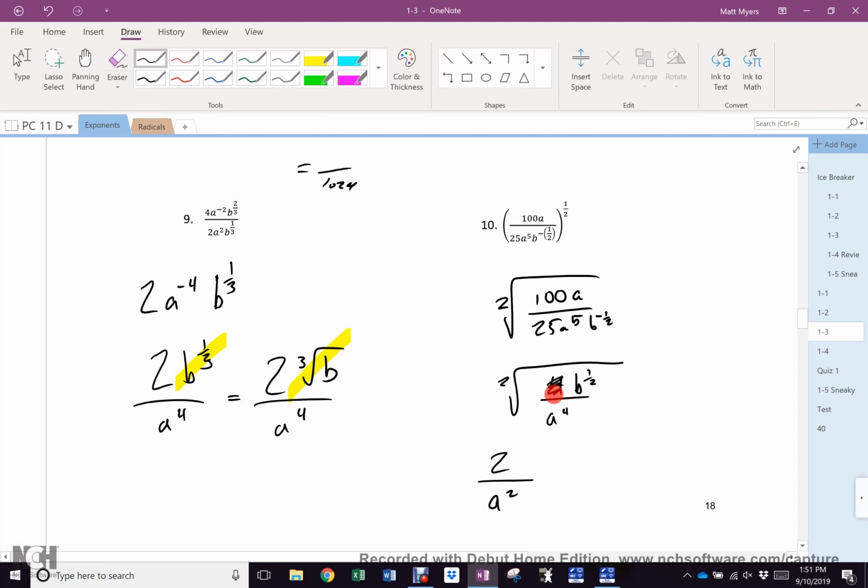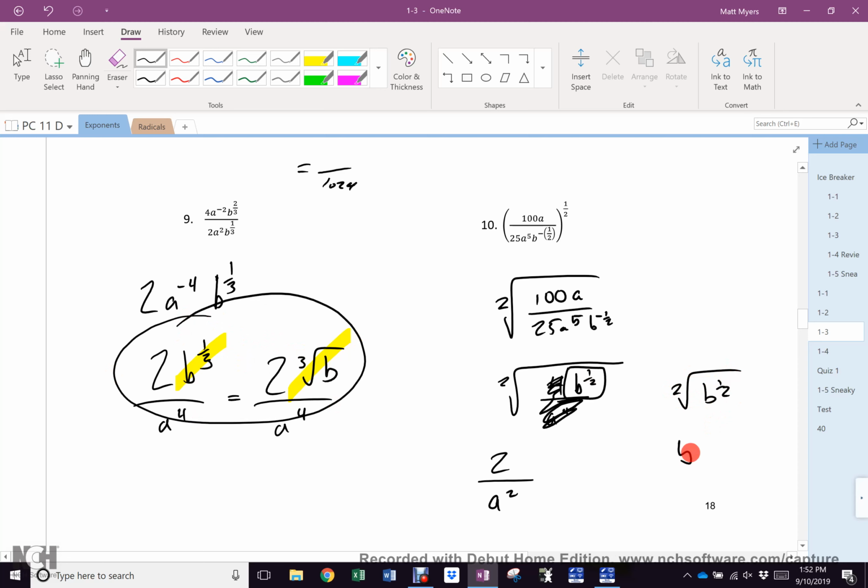Here's the problem, right? We've dealt with the 4. We've dealt with the a to the 4th. This is a problem, yes? Why? How do you get the square root of 1/2? What are you supposed to do there? This is where knowing this helps you out. Because isn't the square root of b to the 1/2 the same as b to the 1/2 to the 1/2? Isn't it?